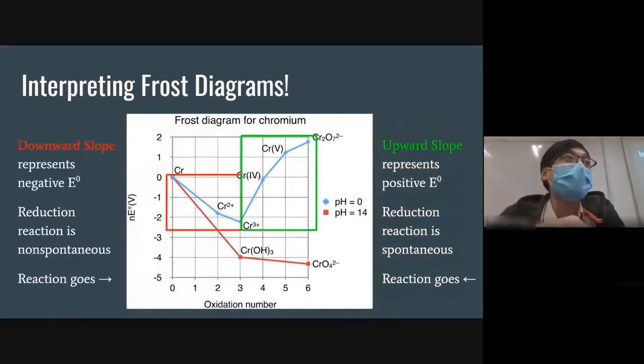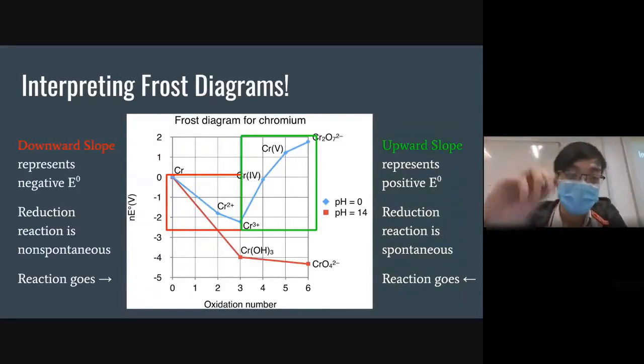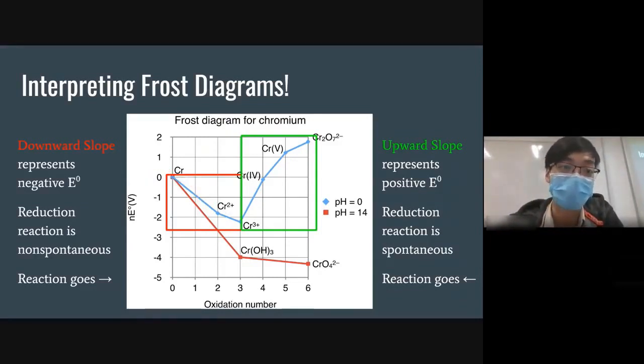Since the gradient represents reduction potential, the shape of the graph actually means something. Downward slopes represent a negative reduction potential because the gradient is negative.